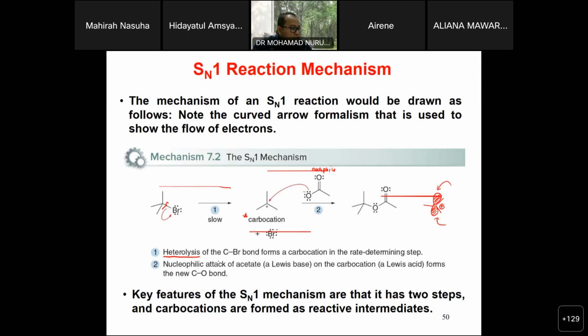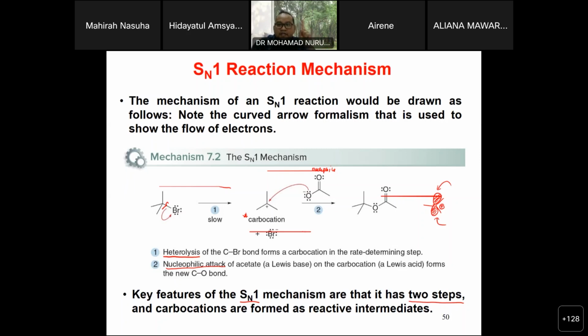Secondly, the nucleophile attacks, with the acetate as a Lewis base and the carbocation as a Lewis acid. So we form a new C-O bond, which is a sigma bond. Bear in mind that SN2 is a one-step reaction, while SN1 is a two-step reaction.